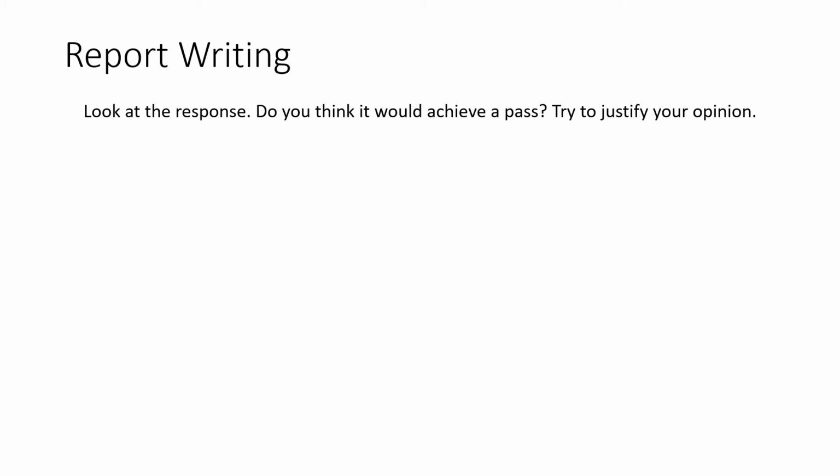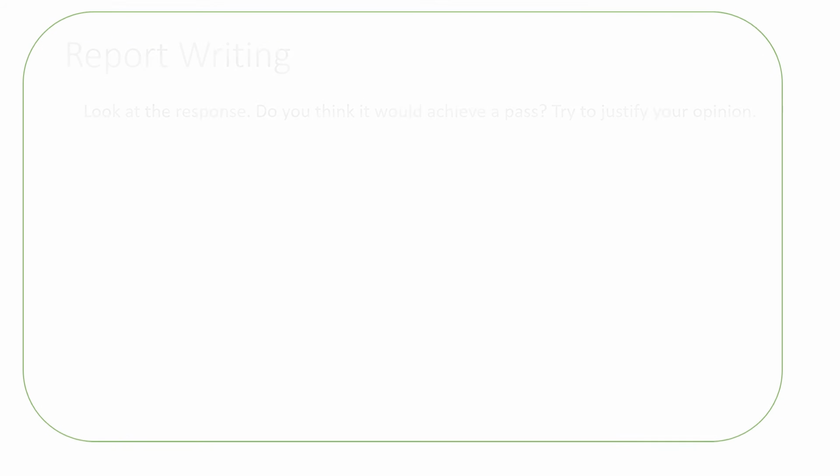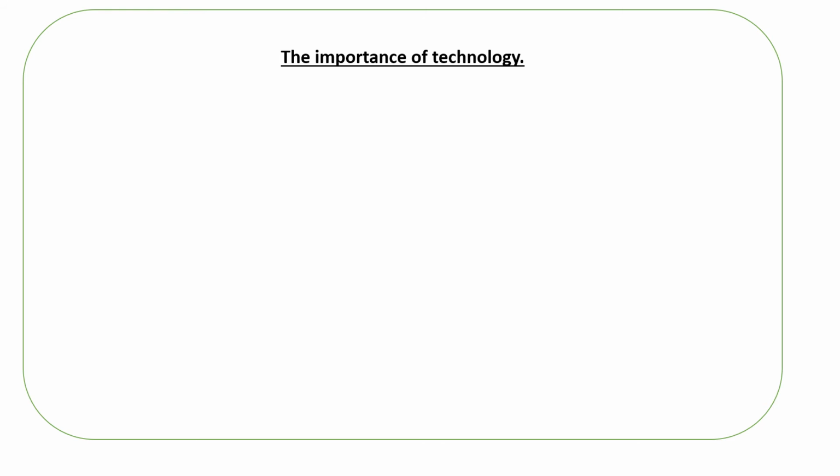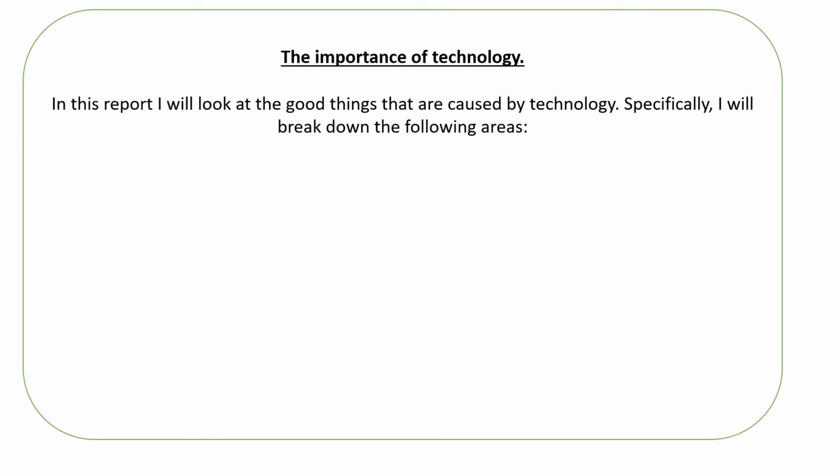Look at the response. Do you think it would achieve a pass? Try and justify your opinion. So it says, the importance of technology. In this report, I'll look at the good things that are caused by technology. Specifically, I'll break down the following areas.